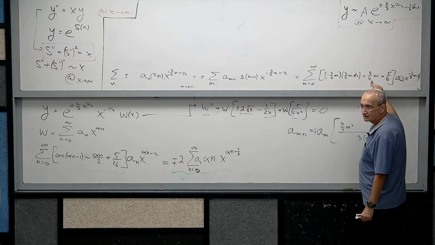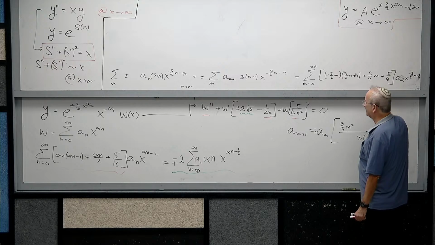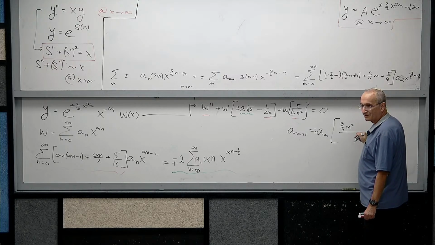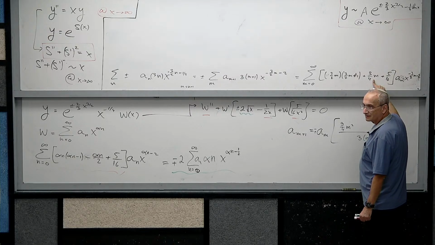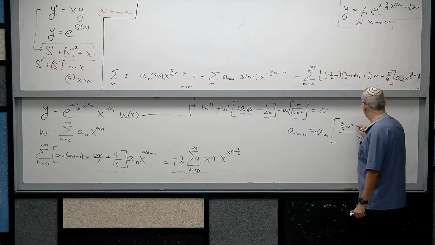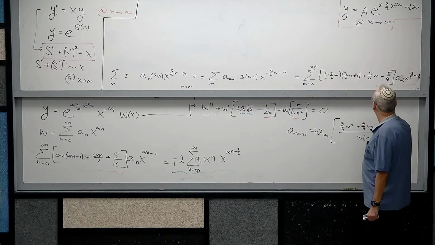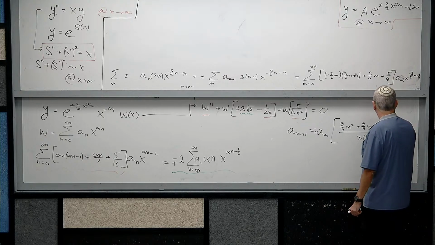So this is again 9/4. No, it's 3/2 plus 3/4. So it's 6/4, but plus 3/4, so it's plus 9/4 m plus 5/16. That's it.